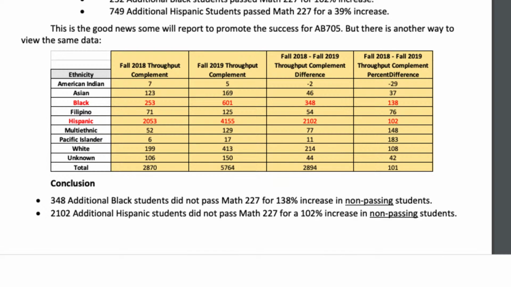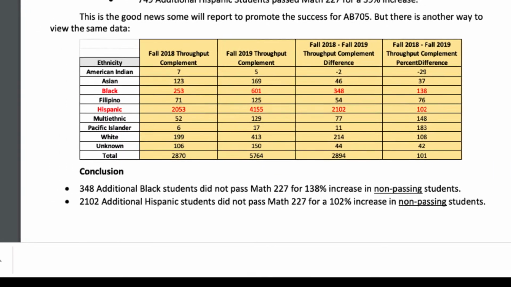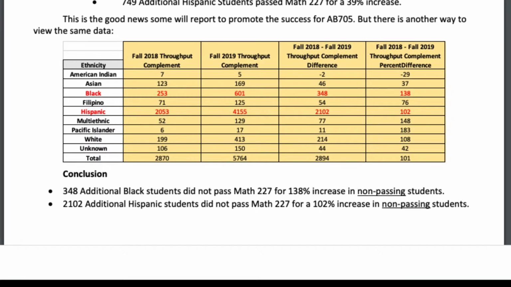But if you look at what I call the complement of throughput, look at how many people did not get through. I'm not looking at success rates. Look at the people who maybe swam across the English Channel and drowned. Okay, 348 additional black students did not pass Math 227, for a 138% increase in non-passing students.